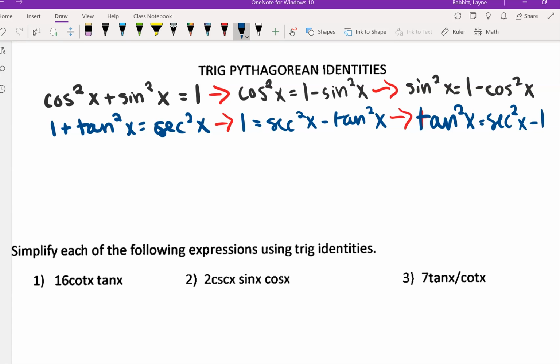And then the last variation that I'm going to write down, let's find a different color. Let's do green. Don't use that often. So that's going to be cotangent squared x plus 1 equals cosecant squared x. And then we can get a variation on that.